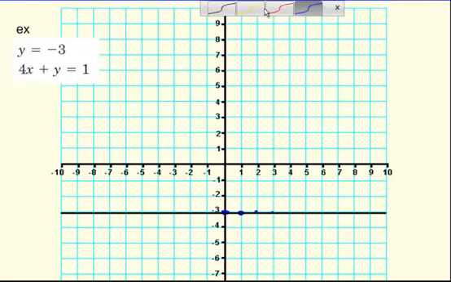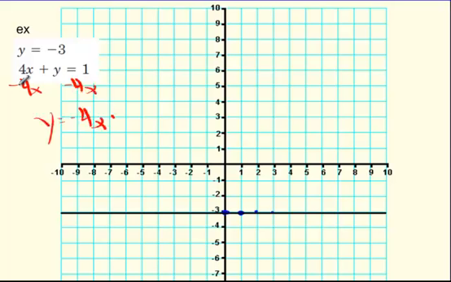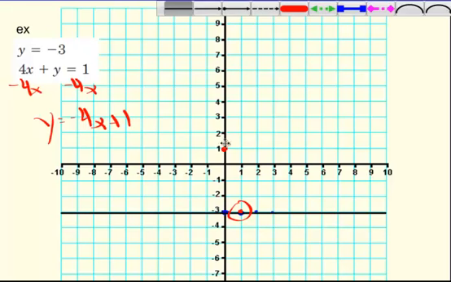The second line, hello there second line, minus 4x, minus 4x. Y equals negative 4x plus 1, so plus 1. Down 1, 2, 3, 4, and over 1. So we find the point of intersection before we do anything else.